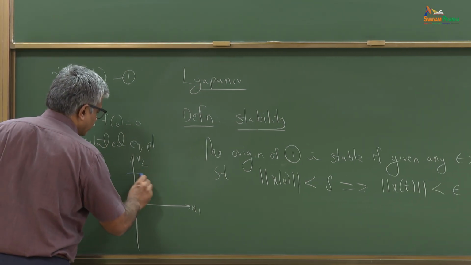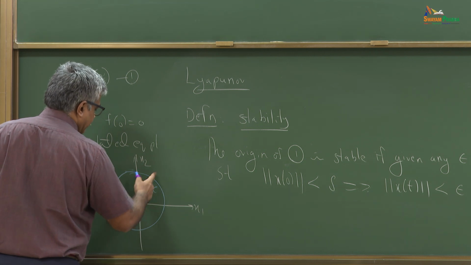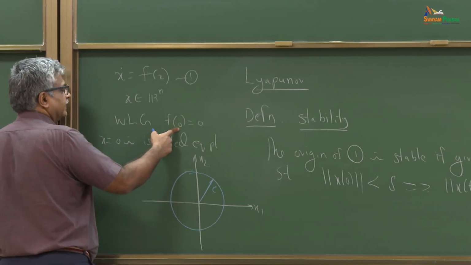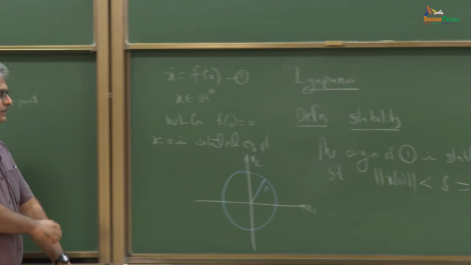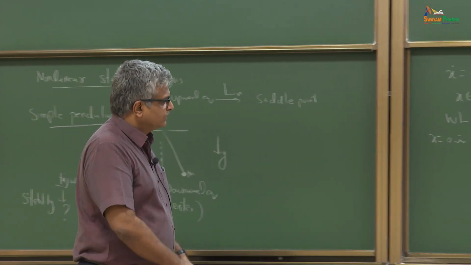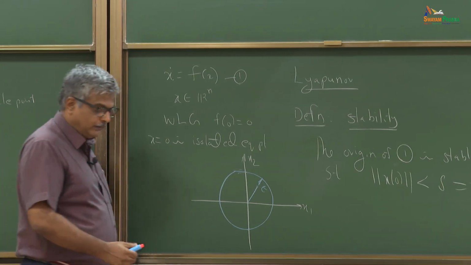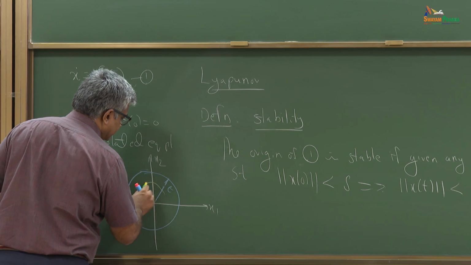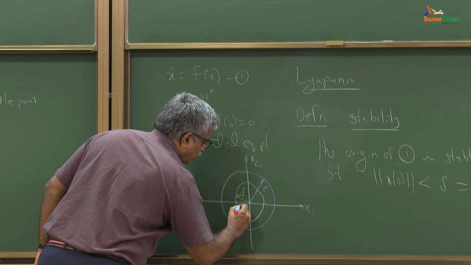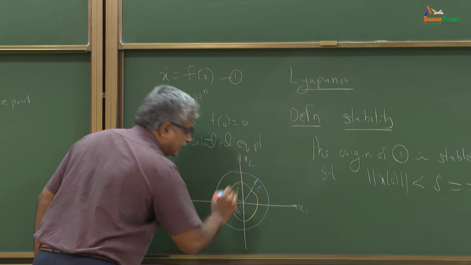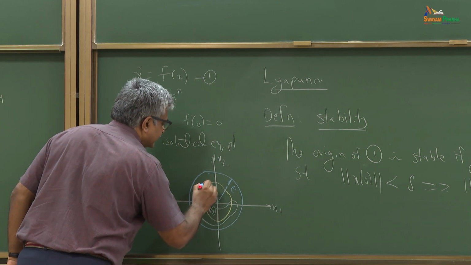So the picture is like this. What is given to you is this epsilon, okay? And I am taking the origin because my origin is the equilibrium point of interest. Otherwise, you will have to just shift it if it is not the origin. So this is given to you, and your task is to come up with a delta ball such that for all initial conditions starting in this delta ball, your solution is trapped in this.